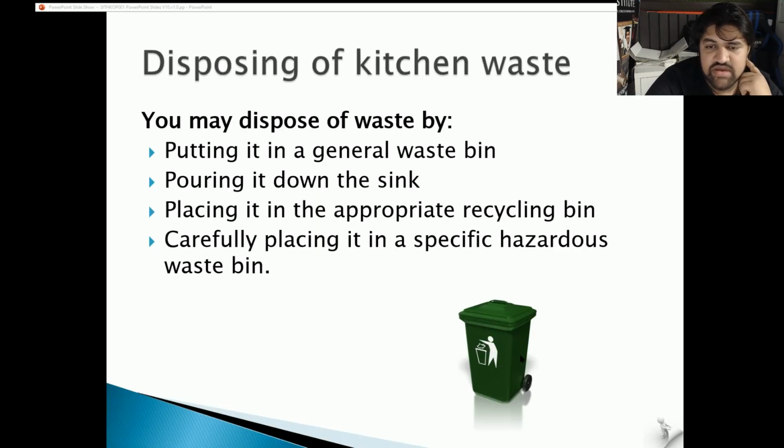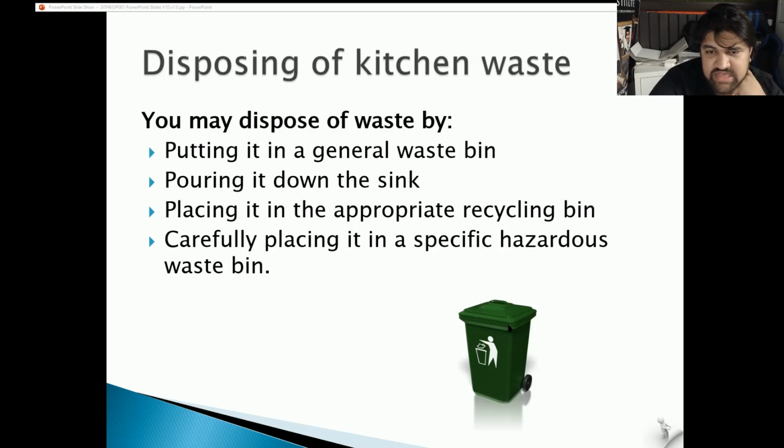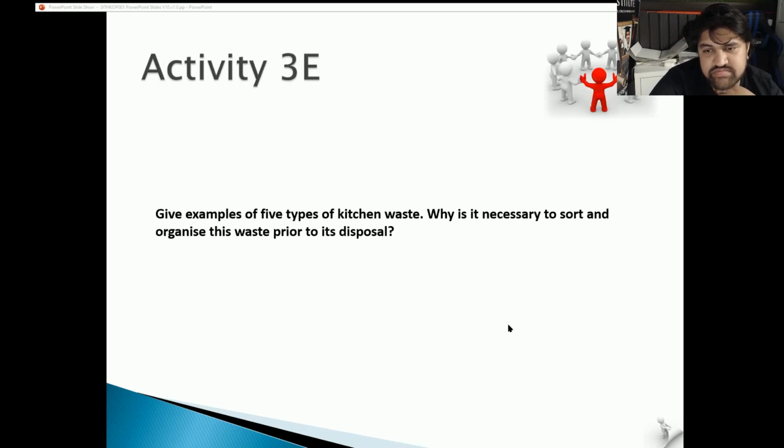So if we're having examples, we've got fat and grease, recyclable waste, food waste, broken or damaged serviceware, cooking oils, ruined linen, hazardous substances, and pest waste. So then why is it necessary to sort and organize the waste prior to its disposal?